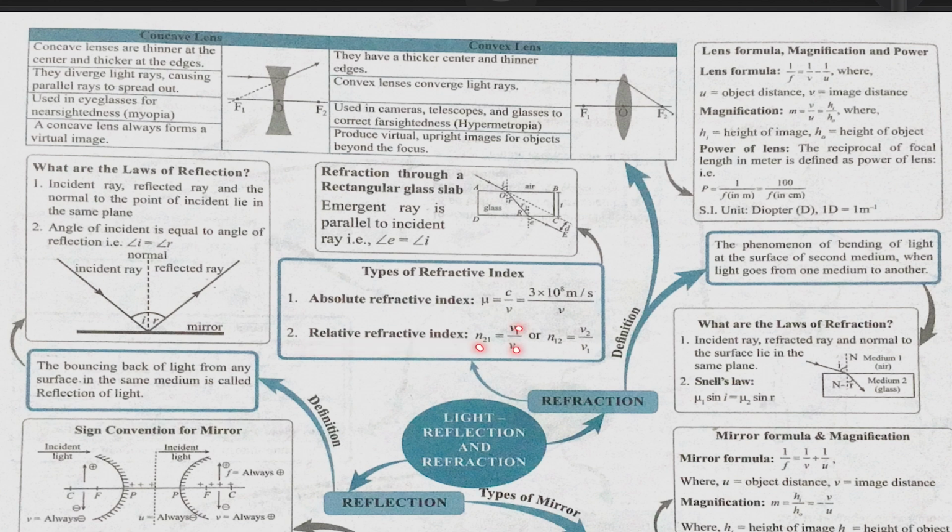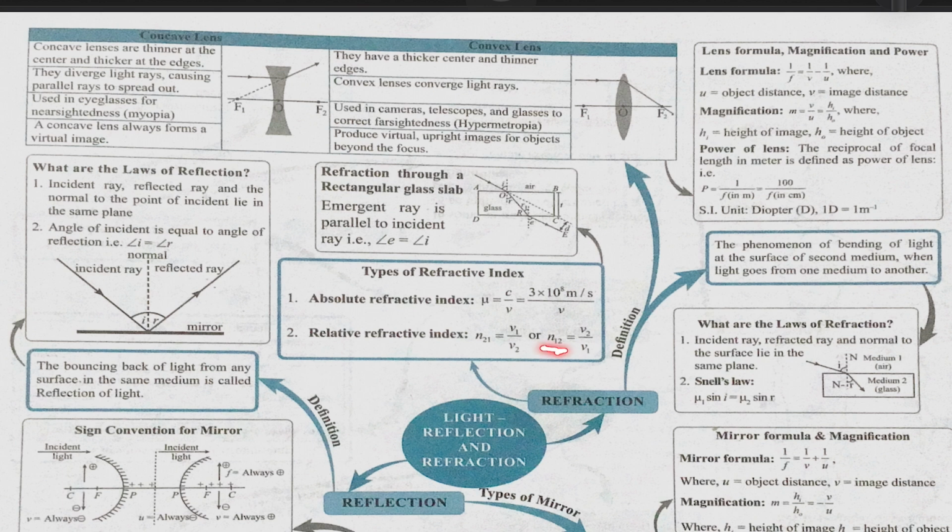Coming to the relative refractive index, it will be calculated with respect to two mediums, that is medium 1 and medium 2. That is, n21, the refractive index of the second medium with respect to the first medium, will be calculated by taking the ratio of their velocities. That is, the speed of light in the first medium to the speed of light in the second medium.